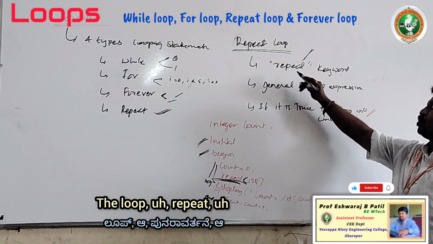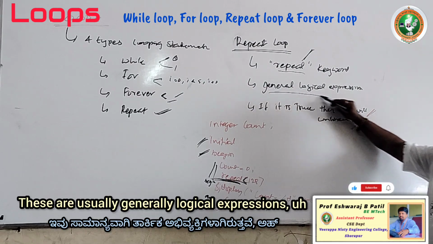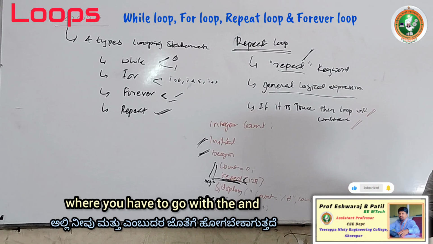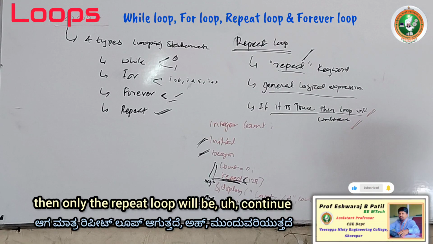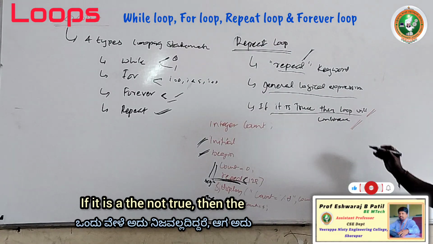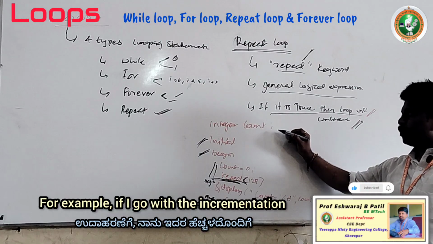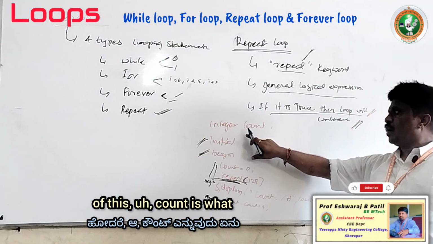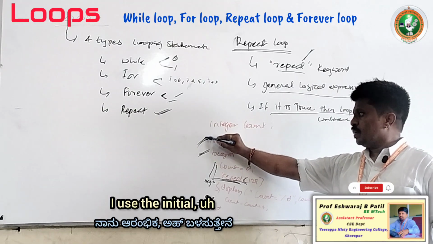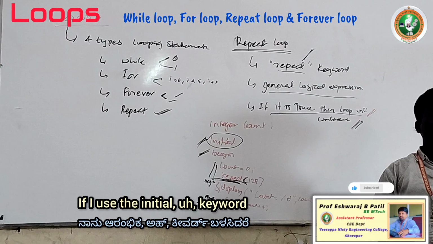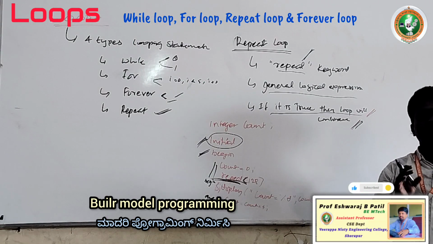The repeat loop is used with one keyword, the repeat keyword. These are generally logical expressions, and if it is true, then the repeat loop will continue execution. If it is not true, then it will stop the execution of the repeat loop. For example, for the incrementation of this count, if I use the initial keyword, there we are writing behavioral model programming.